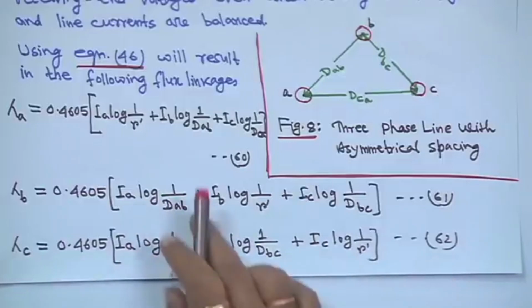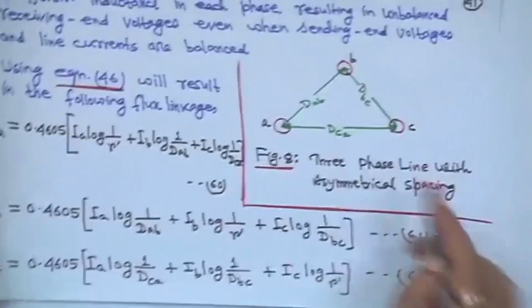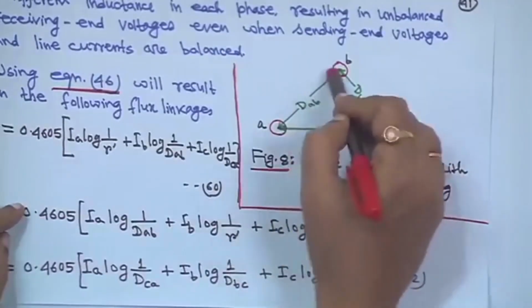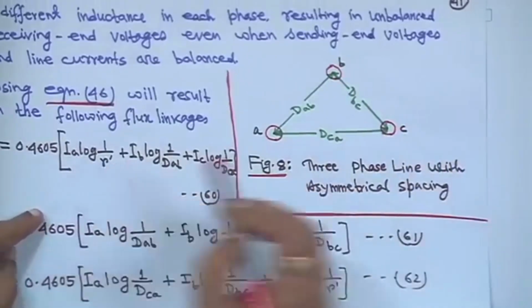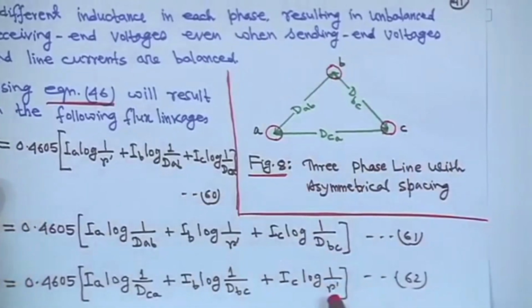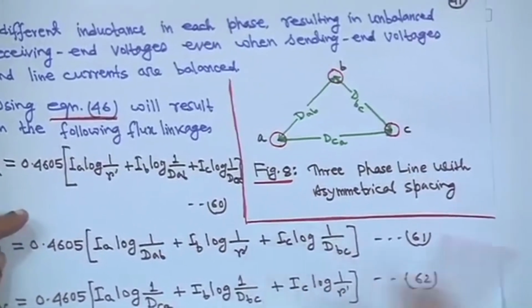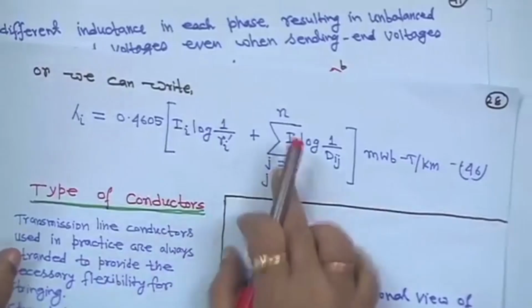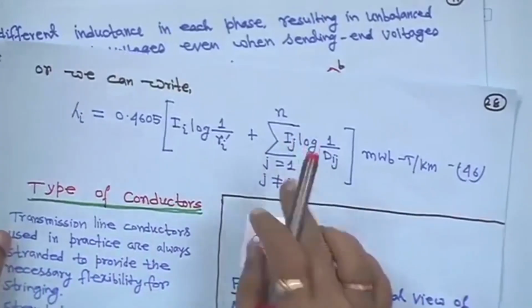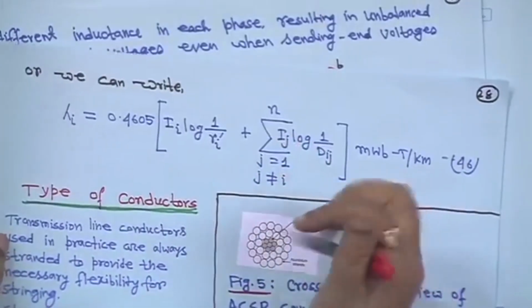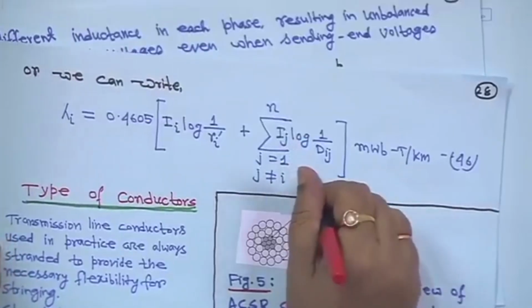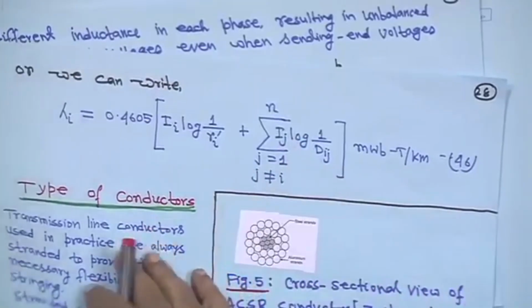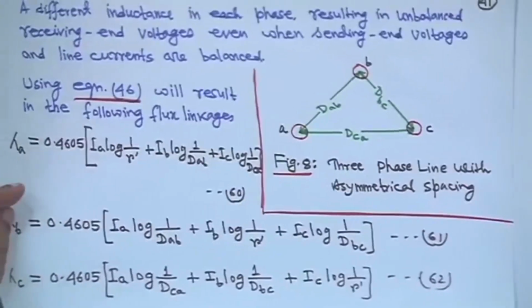The conductors may have different radii, R1, R2, R3. In that case, this should have been RA dash, this RB dash, this RC dash, but we have assumed they are the same, and I am using just this formula. So, this generalized formula you try to understand again and again. This is equation 62.